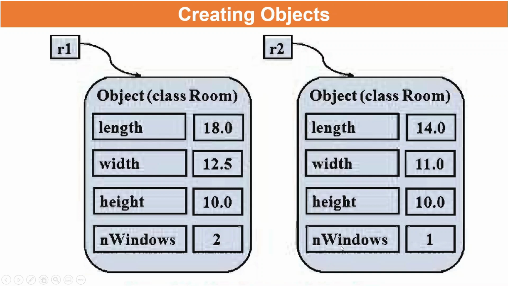Then when I give it to two different students, these values will be different for both the students. The first name will be different, middle name will be different, last name will be different, birth date will be different, or some values might be the same, but they are totally two separate objects. So this is how we create objects.